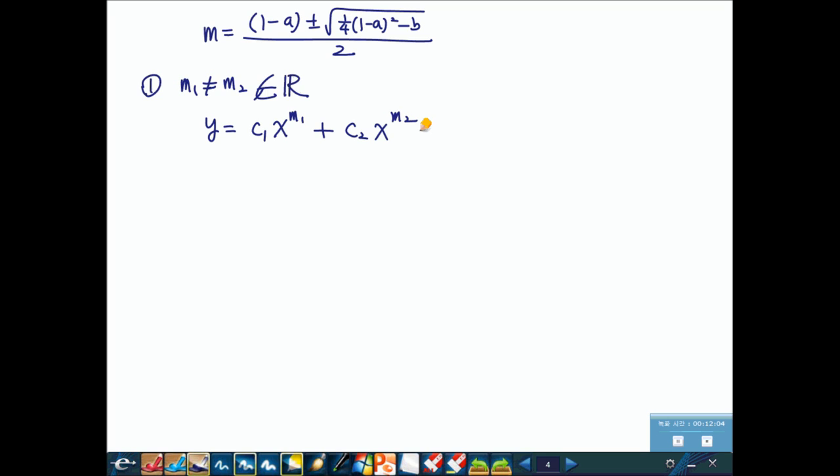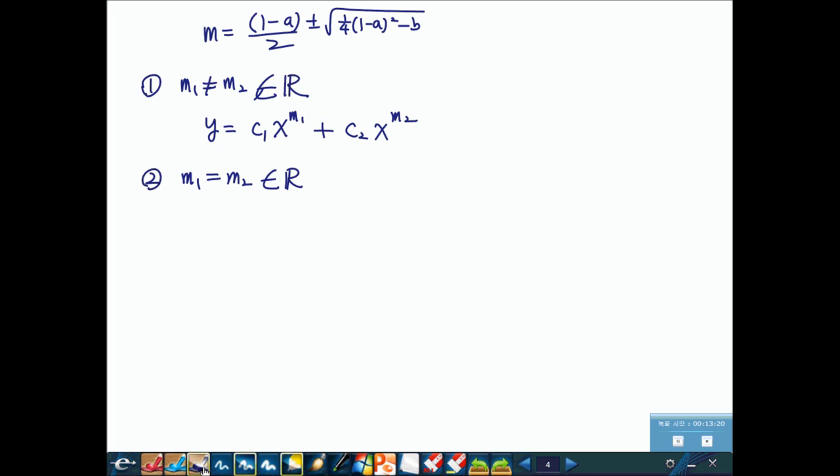Okay? And secondly, if the inside of the square root is 0, then we have the same real roots. So secondly, we have one real double root, right?